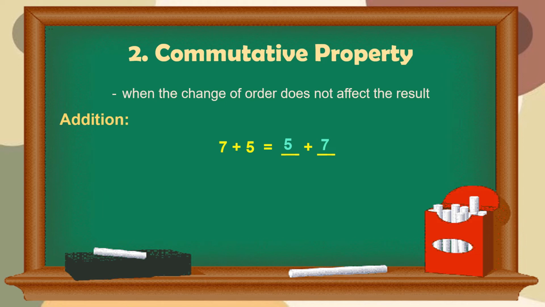Let's see. 7 plus 5 is 12. 5 plus 7 is 12. See, commutative property does not affect the result even if numbers change in order.